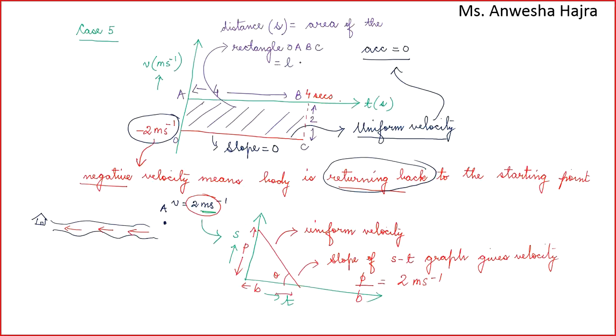That is length into breadth. That is 4 into 2. 8 meters. The body has covered 8 meters. The area under the graph gives 8 meters. And since it is negative velocity, it means body is returning back. Body is returning back to the starting point.